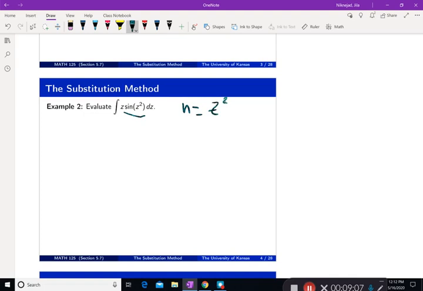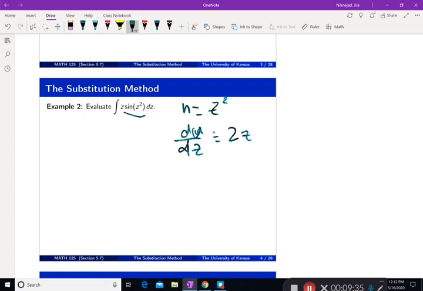Now the next step is to find the derivative of u with respect to z. What do I get? And that would be 2z, and I see the z over there. I don't see the 2, but constants are okay. Constants are very easily manipulated through the problem solving with antiderivatives.